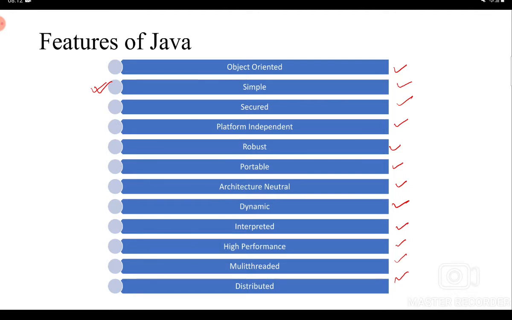It has removed various complicated and rarely used features like explicit pointers, operator overloading, etc. These concepts do not exist in Java, which makes it simpler to use, and there is no need to remove unreferenced objects. This is a very vital point, because there is an automatic garbage collection in Java. This makes the language very simple, and it deals with various object oriented concepts.